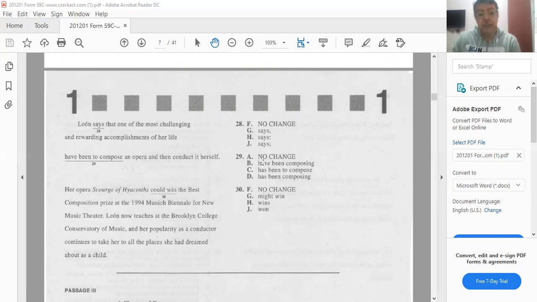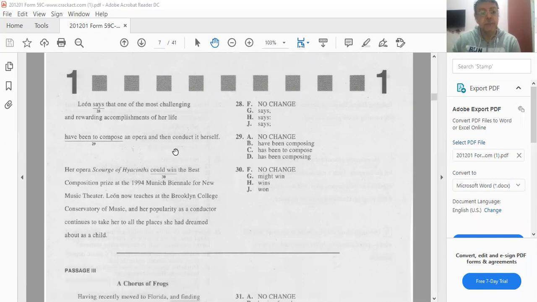And how about 29? Leon says that one of the most challenging and rewarding have been to compose. If we look back at the subject, one of the most challenging have been, no, it should be has been to compose. So C is the best answer. It is just subject verb agreement.